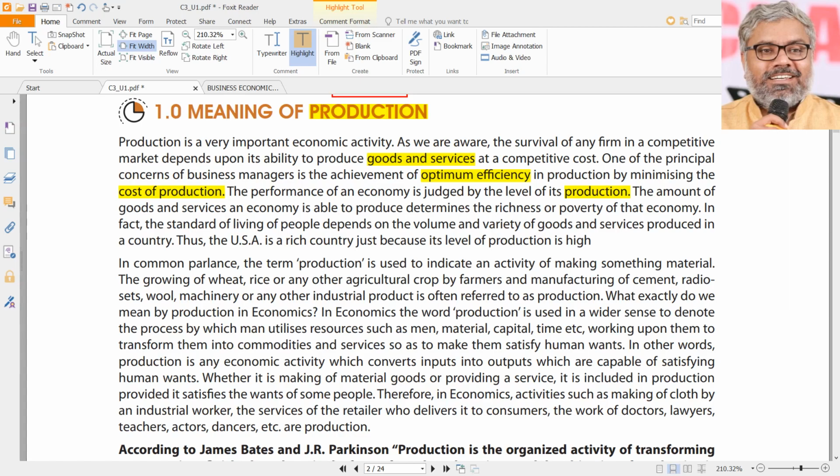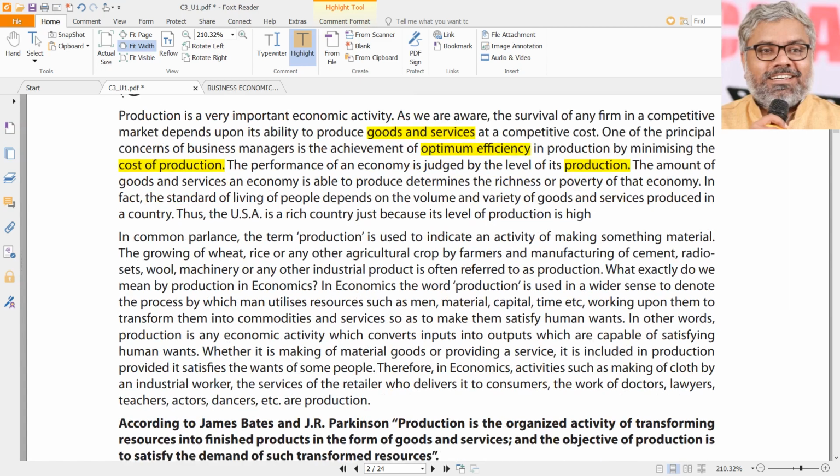For example, India's GDP is so and so. If we say $3 trillion, it means the value of all the goods and services produced in one year in India is equivalent to approximately $3 trillion. Like that, production is very important in understanding the performance of an economy.